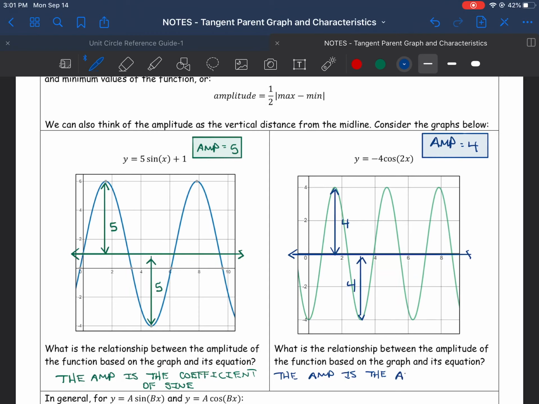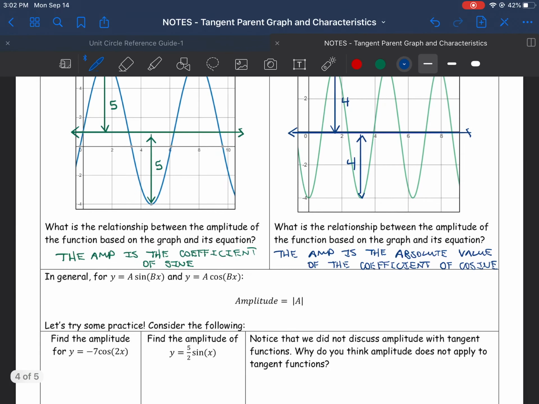So the amplitude is the absolute value of the coefficient of cosine. It actually turns out that in general, for sinusoidal functions, sine and cosine functions, the amplitude is the absolute value of this coefficient A.